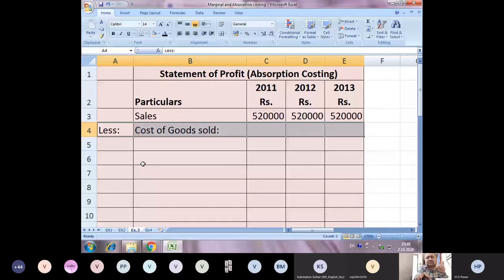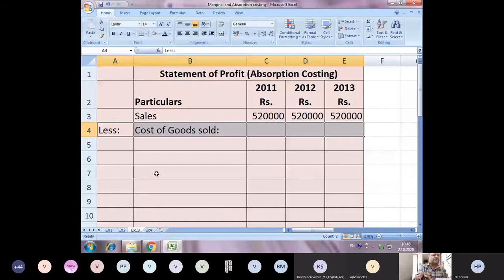Production cost plus opening stock minus closing stock. And here we will consider absorption costing. Absorption costing means total cost per unit, including fixed cost, cost of manufacturing.